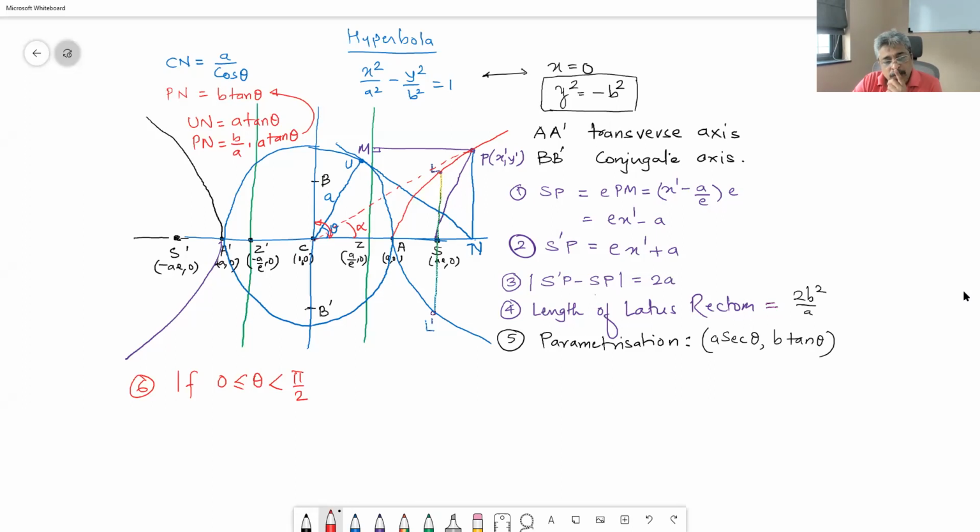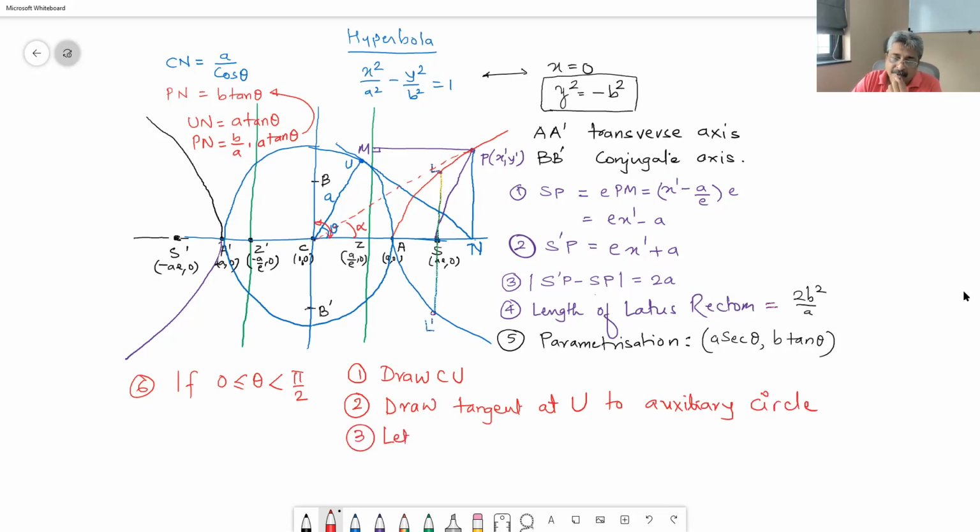So if you draw CU, the procedure is: draw CU, second, draw a tangent at U to the auxiliary circle. Let it intersect the x-axis at N.